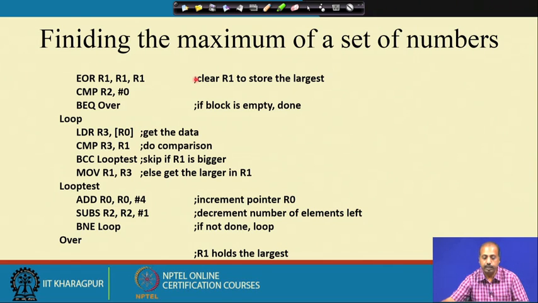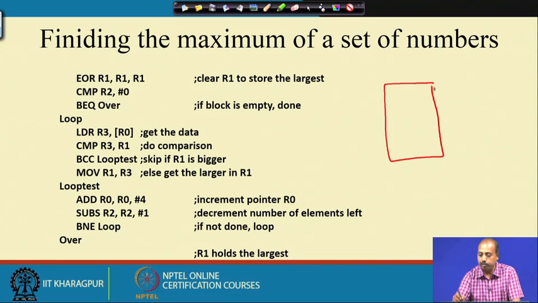So, it is assumed that R0 is holding the, if this is the memory where these values are, then the R0 register is pointing to the beginning of the block. And the R2 register is holding the count, like how many numbers are there in that array.